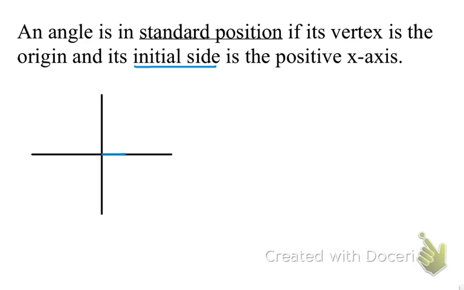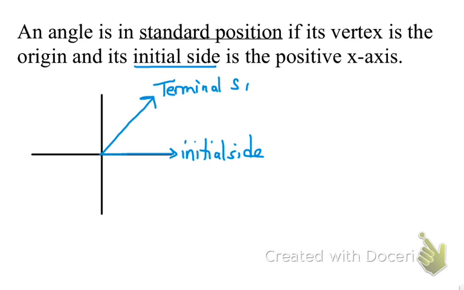The positive x-axis creates the initial side, and if we draw the other side of the angle from the origin, draw it like this, we can see that we've created the vertex of the angle at the origin, and this second side we call the terminal side of the angle.